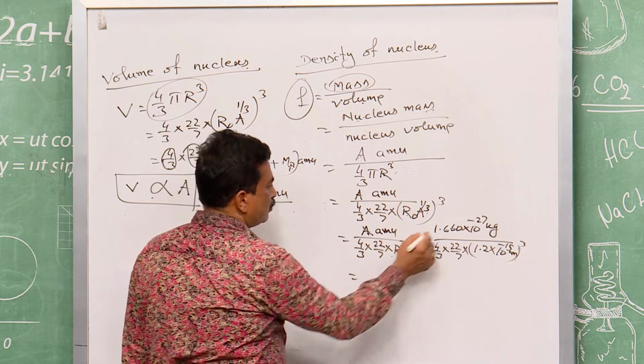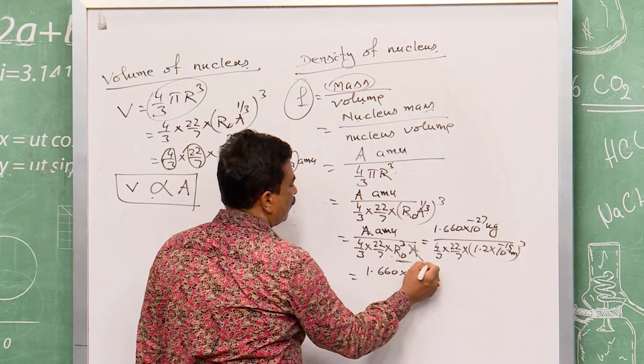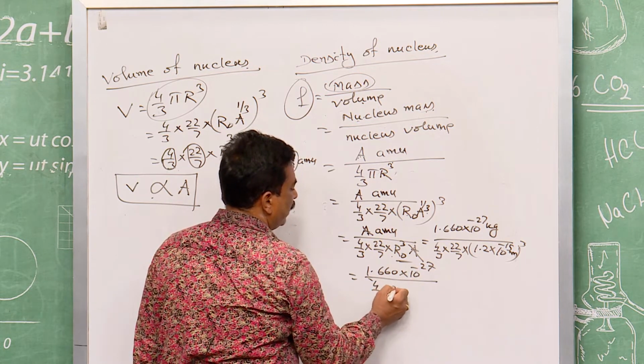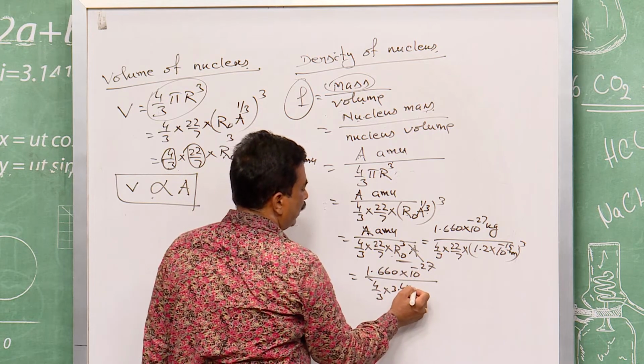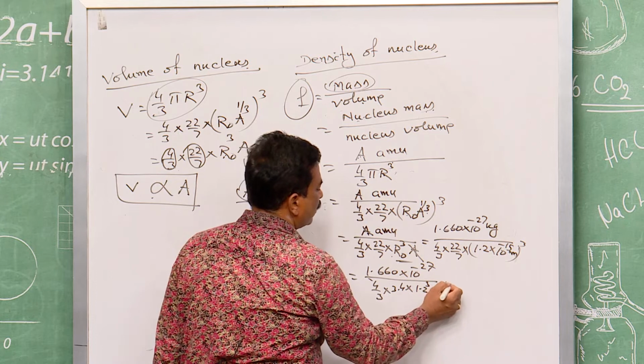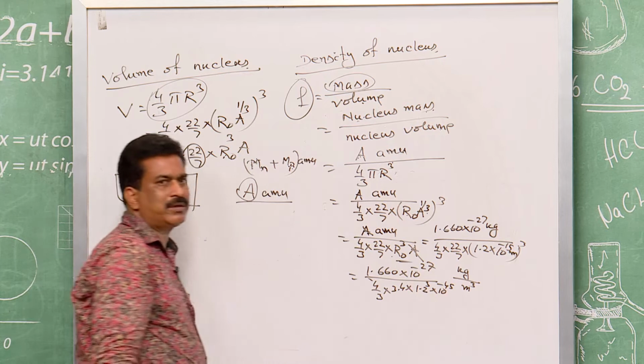So, that is equal to 1.660 into 10 to the power of minus 27 by 4 by 3 into 3.14 into 1.2 cube into 10 to the power of minus 45 kg by meter cube.